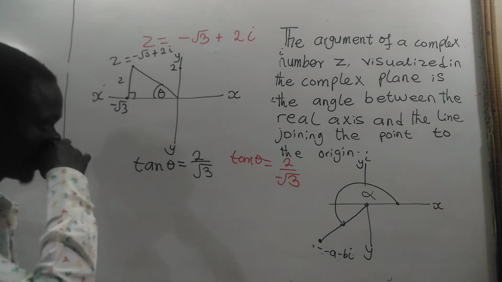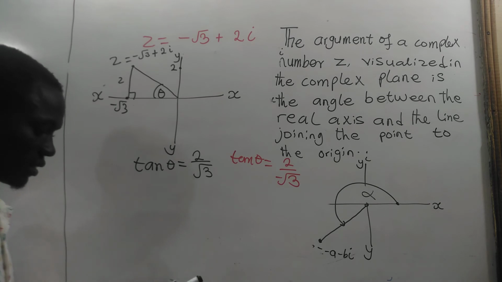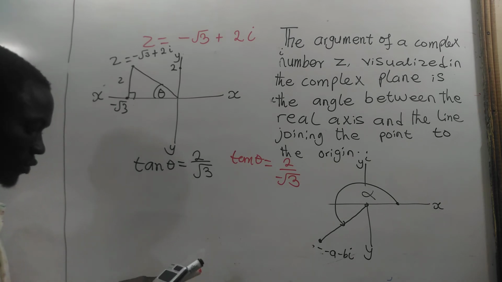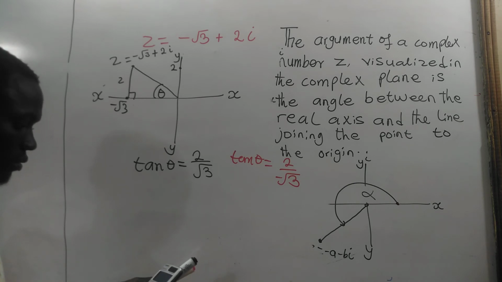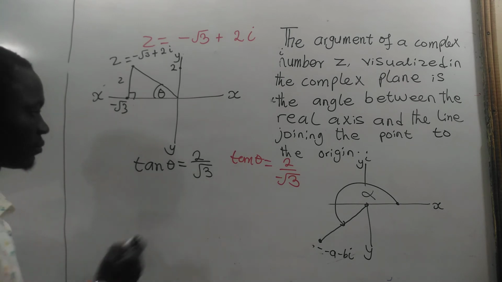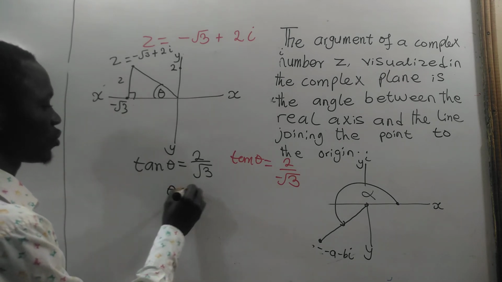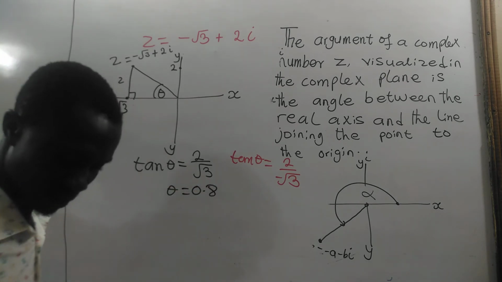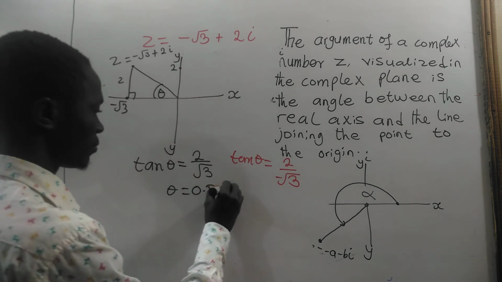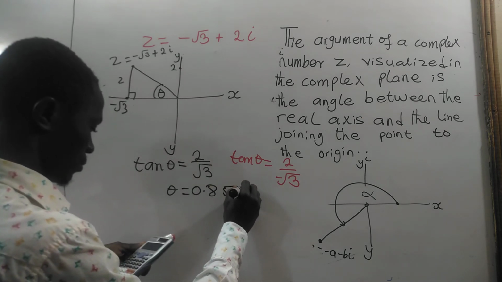So I think we've done this one earlier. We have shift tan inverse of 2 on root 3 to be equal to 0.8. So here we are getting theta to be equal to 0.8571.